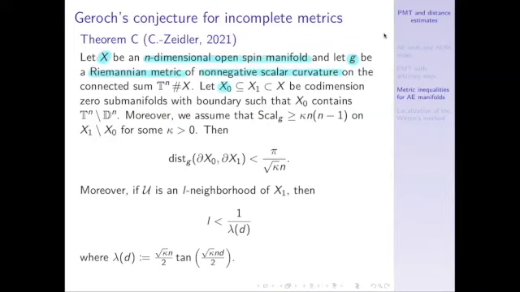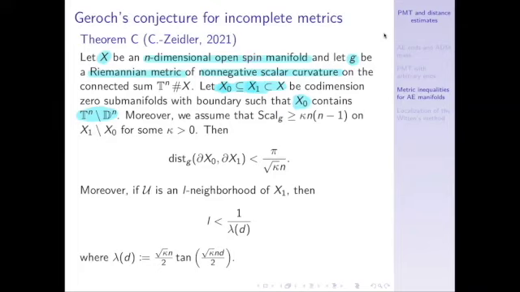Now suppose that X0 and X1 are codimension zero submanifolds with boundary, such that the following inequalities are satisfied. And moreover, we assume that X0 contains the torus minus a disk, where again, I'm identifying this with a subset of the connected sum.